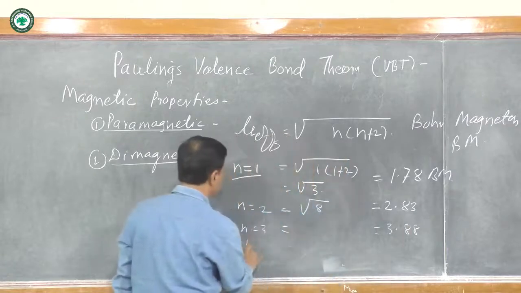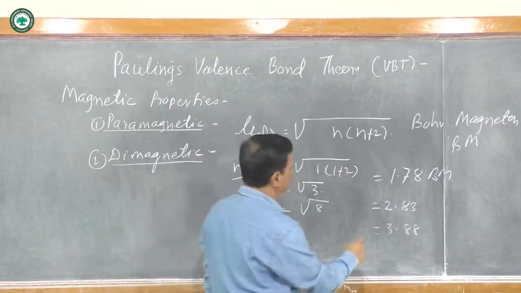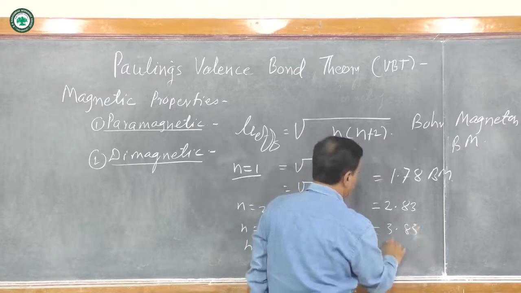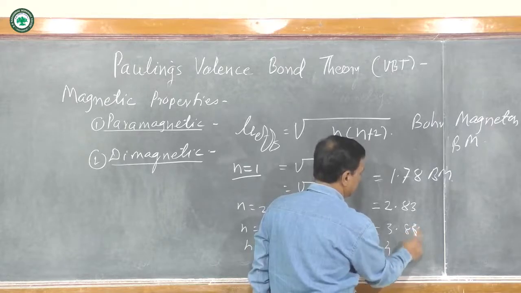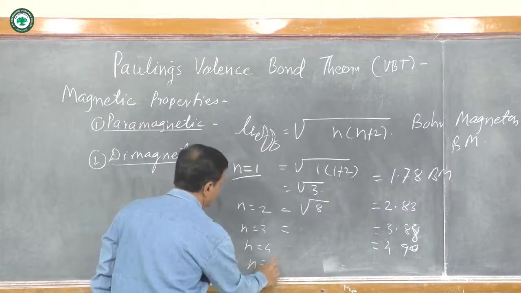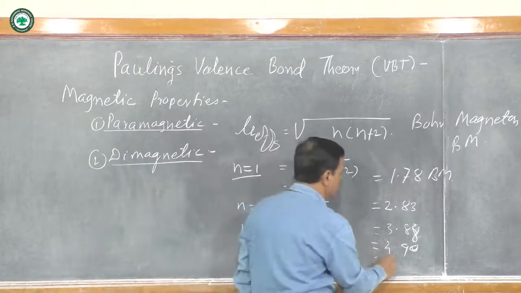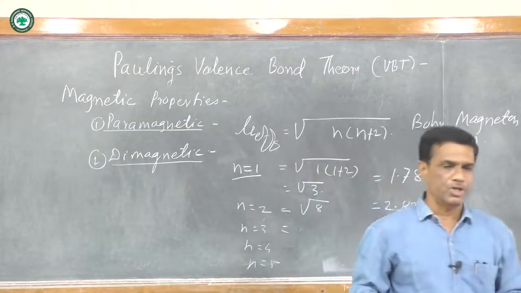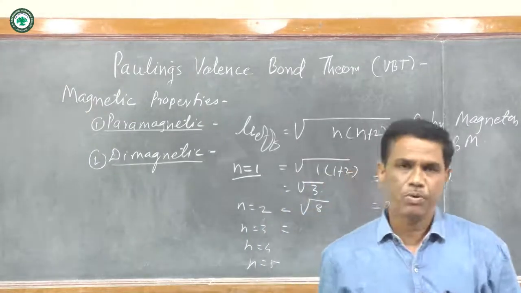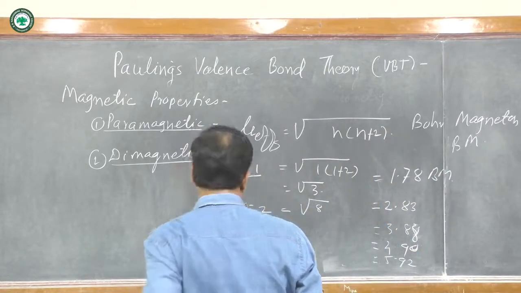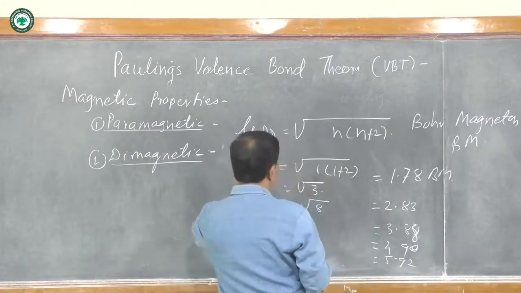Then when n is equal to 4, that value is equal to 4.90, and when n is equal to 5, that value is equal to 5.92 Bm. And these are the corresponding respective values for the unpaired electrons.